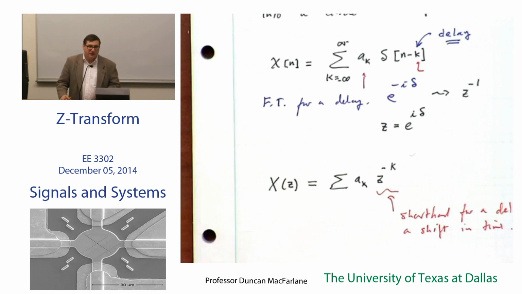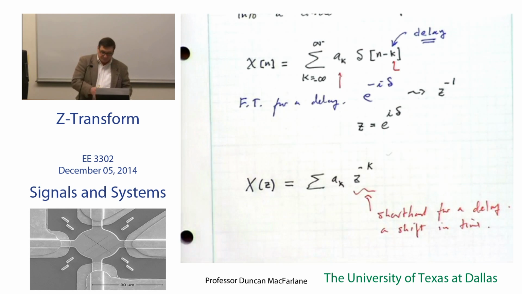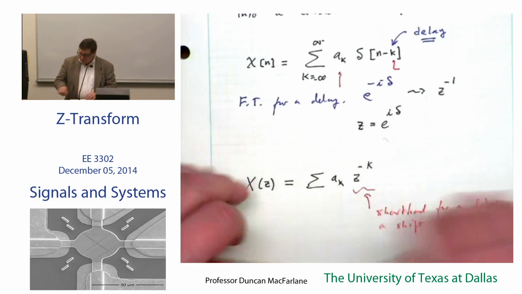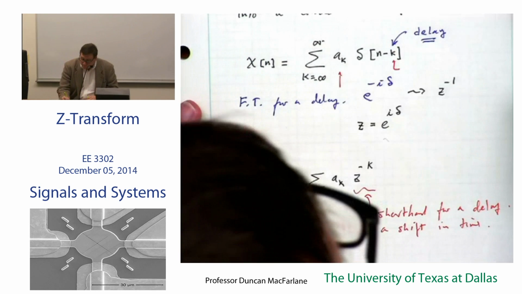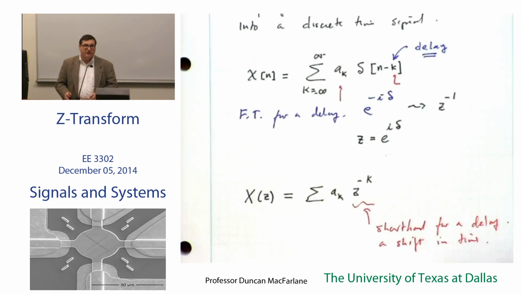You can think a little bit about why that's a reciprocal space. So that's our starting point, and these two things then form your Z-transform pairs.